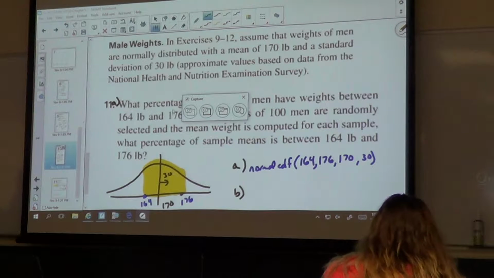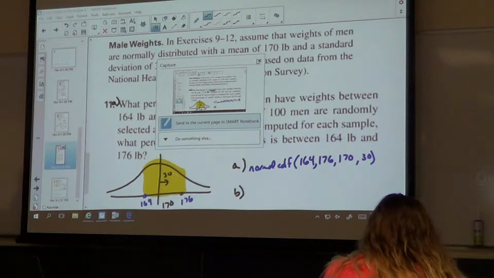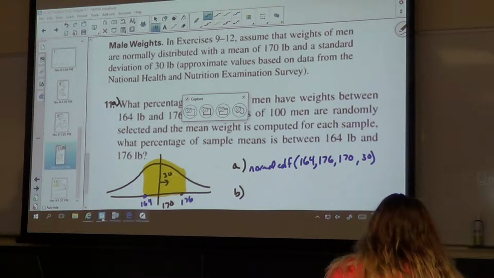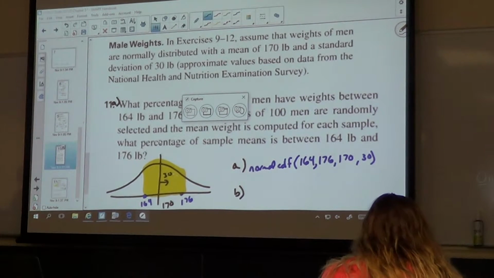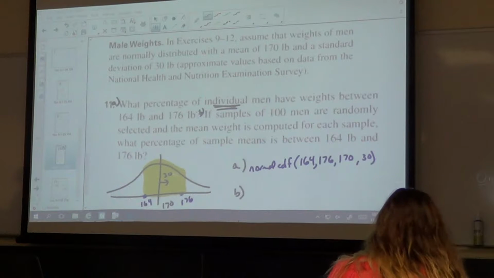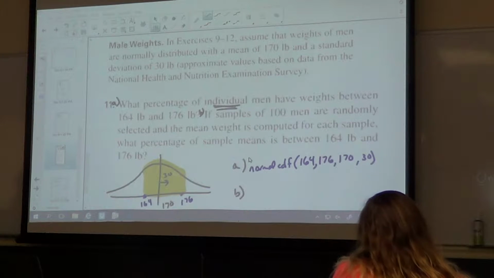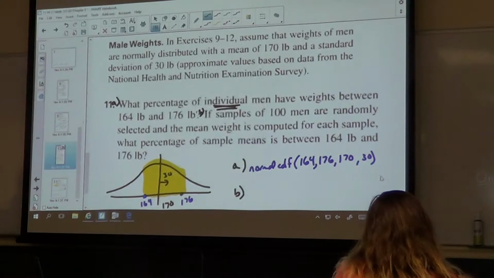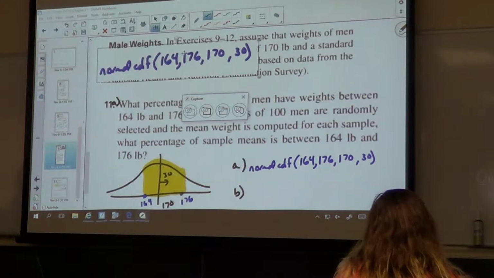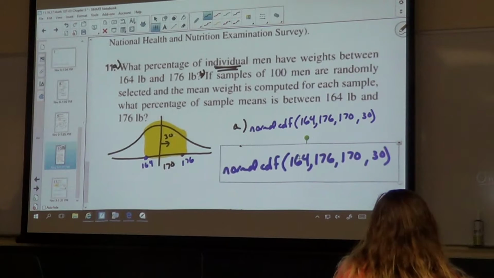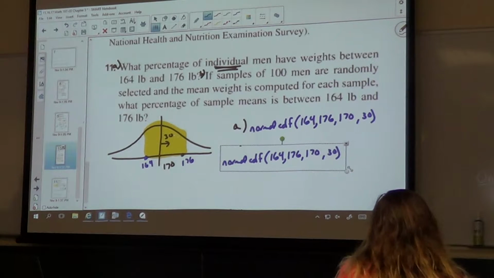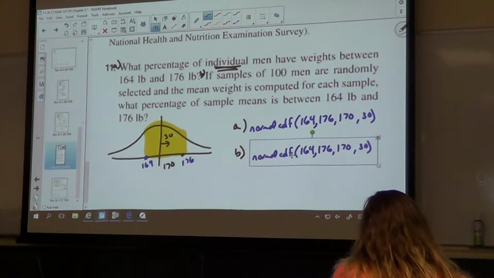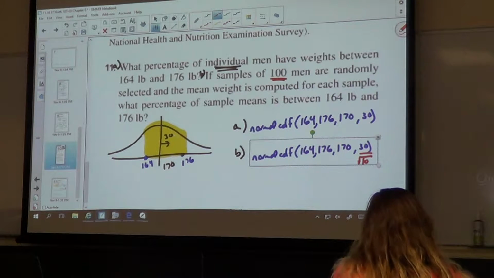For part B, I'm going to use that same problem, but divide by the square root of 100.